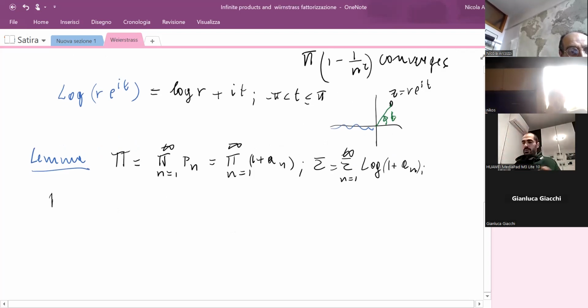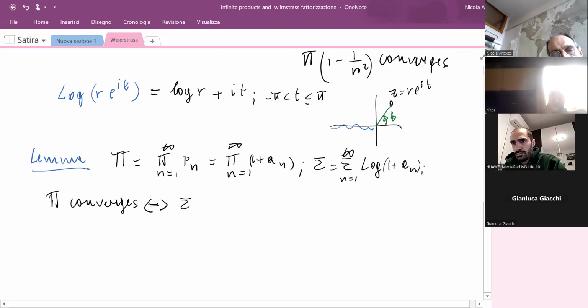Then pi converges if and only if sigma converges.